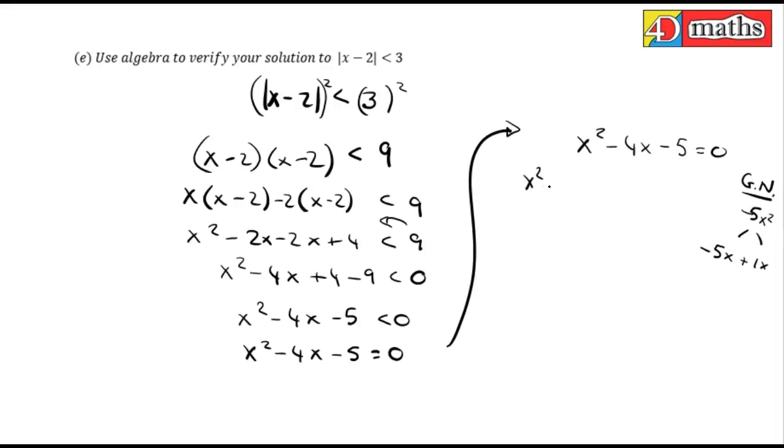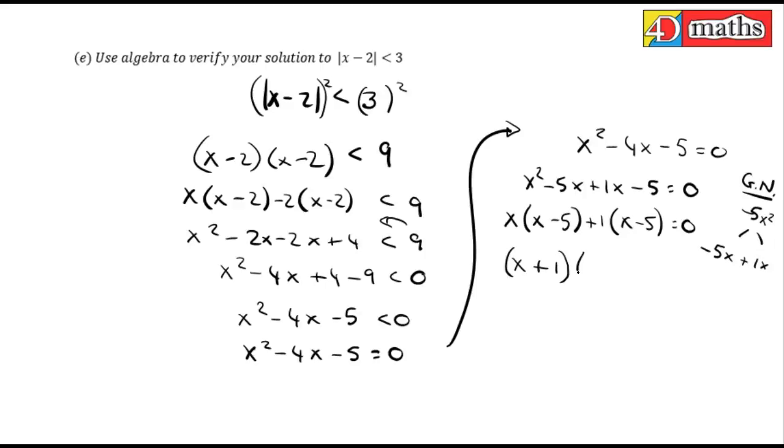So it's x squared minus 5x plus 1x minus 5 equals 0. Split in half: look at the first two, what's common? x(x − 5) plus 1(x − 5) equals 0. So we have two factors equal to 0. x plus 1 equals 0, so x is minus 1. x minus 5 equals 0, so x is 5.